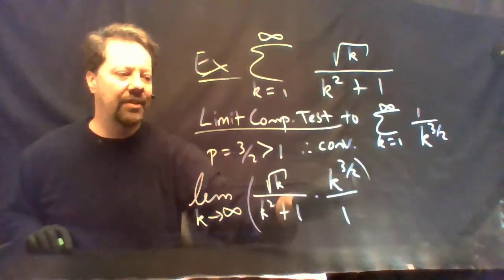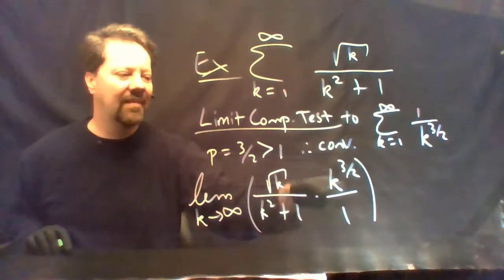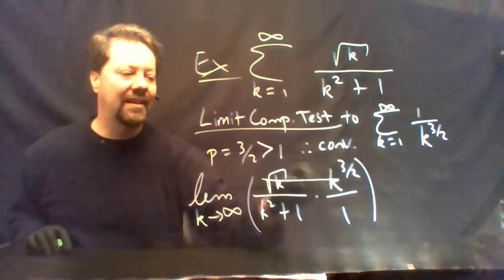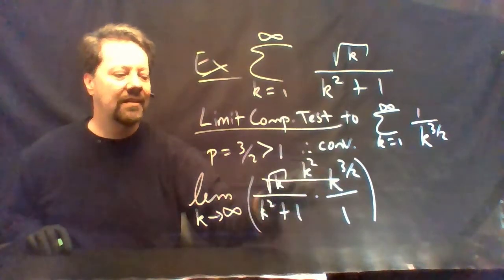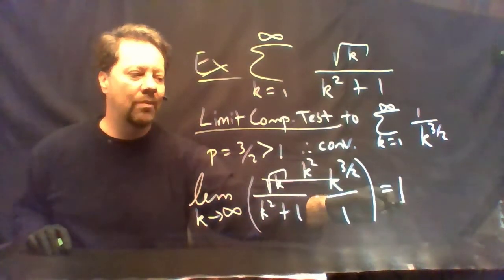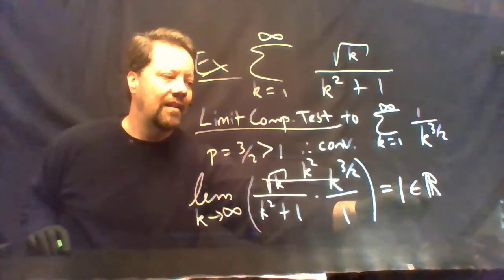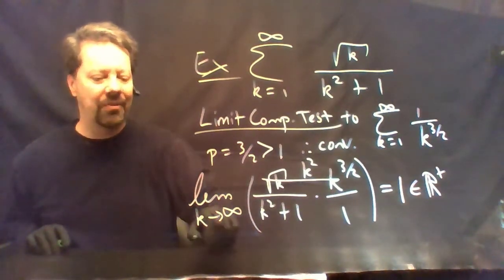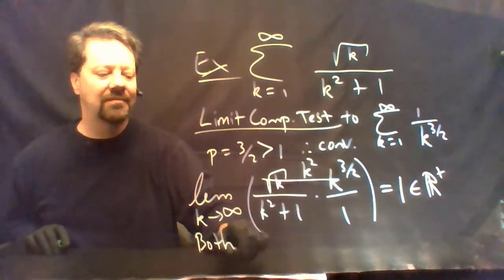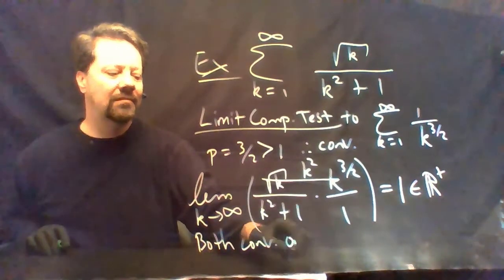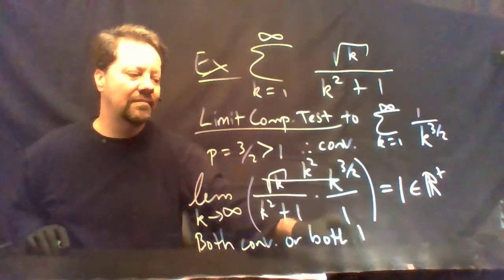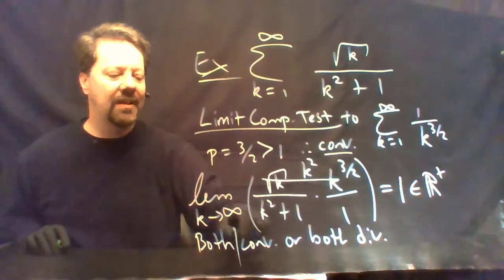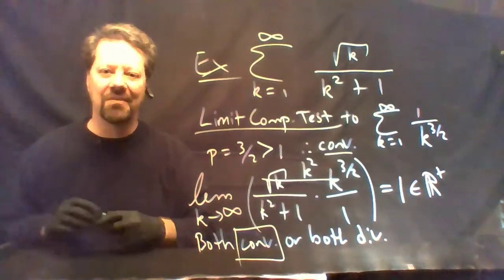When you divide a fraction, you invert and multiply. The square root of k times k to the 3/2 is k squared. So in the limit, we get 1. That is a positive real number. Both converge or both diverge. Since the p series converges, our series must also converge.